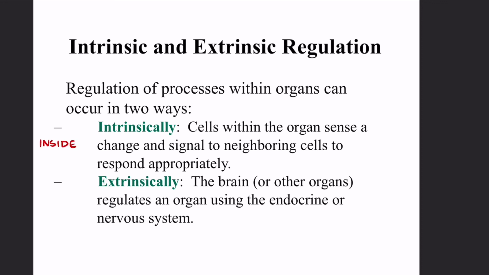It means the change comes from inside. And so cells within the organ can sense the change and express the effect themselves. An example of this is your heart. Your heart can change its own heart rate. Extrinsic regulation is the use of an external organ, kind of like your brain, right? It's an external organ outside of the receptors that are going to affect some change.